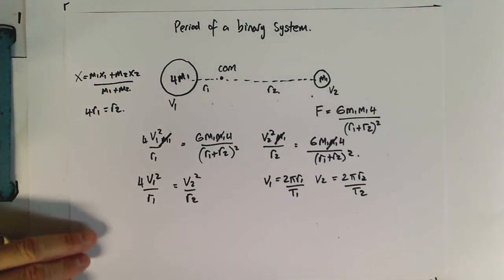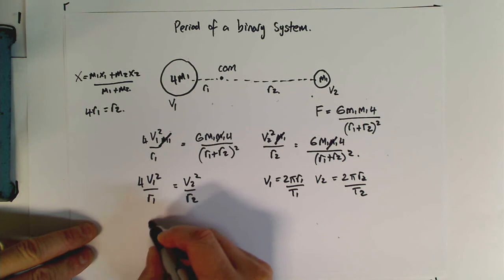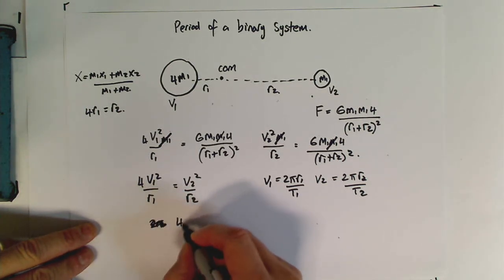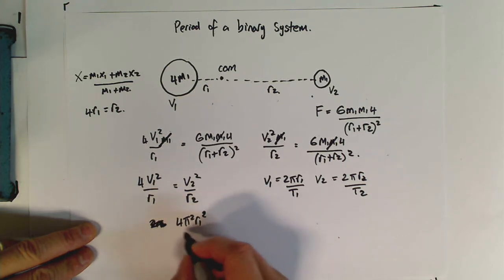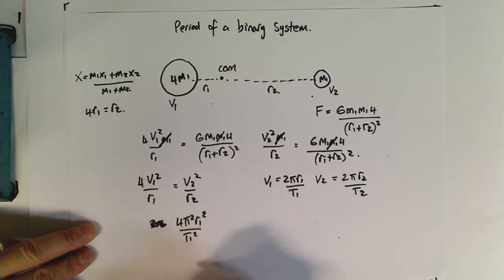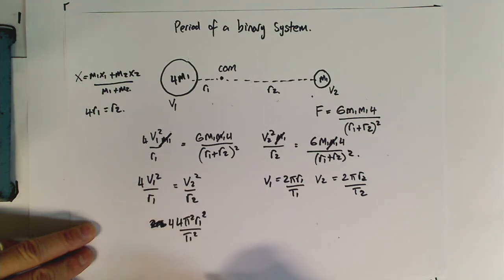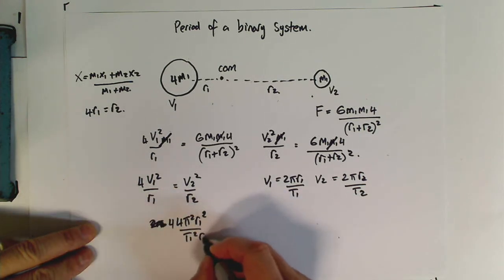So now if we resubstitute v1 here, we've got 2 pi, and we'll square it immediately, so it's 4 pi squared r1 squared all over t1 squared, all times 4, so that would come out at 16, and we've got the divided by the r1.